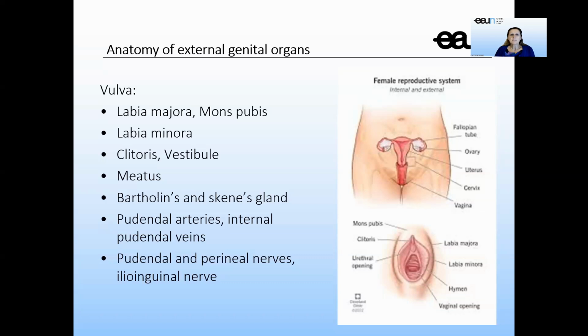That's over here. Here, this is the clitoris, and this is the meatus, and it's surrounded with the pudendal arteries and the internal pudendal veins. So it's well supplied with blood.